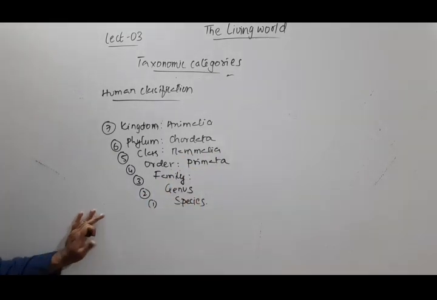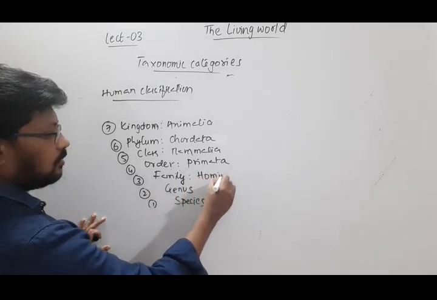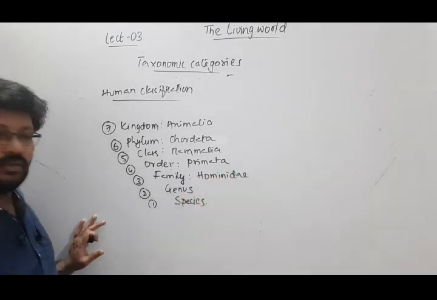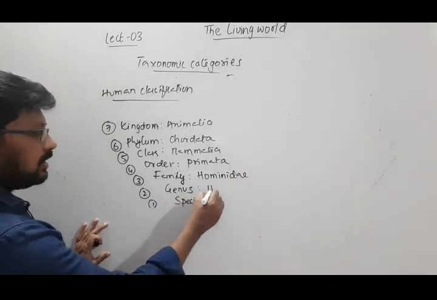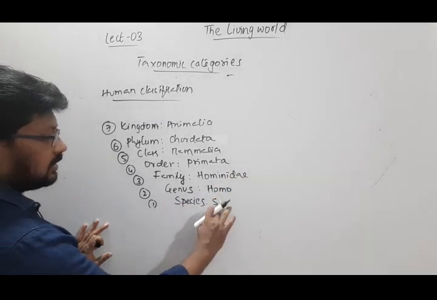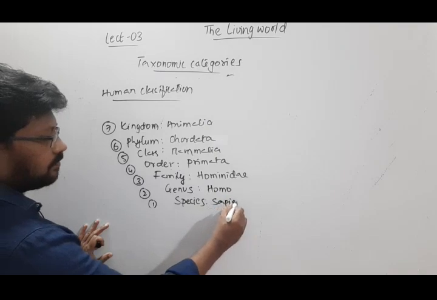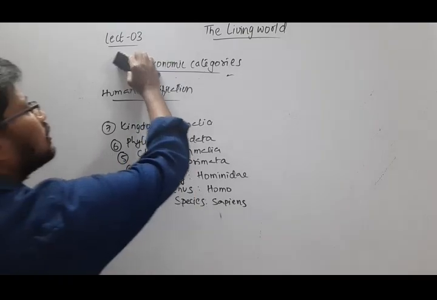Coming to the family, we belong to the family Hominidae. Coming to the genus, it is Homo, and the species is sapiens. So with broad categories, I have classified humans. Now we will see the complete classification of human beings with the subcategories also.